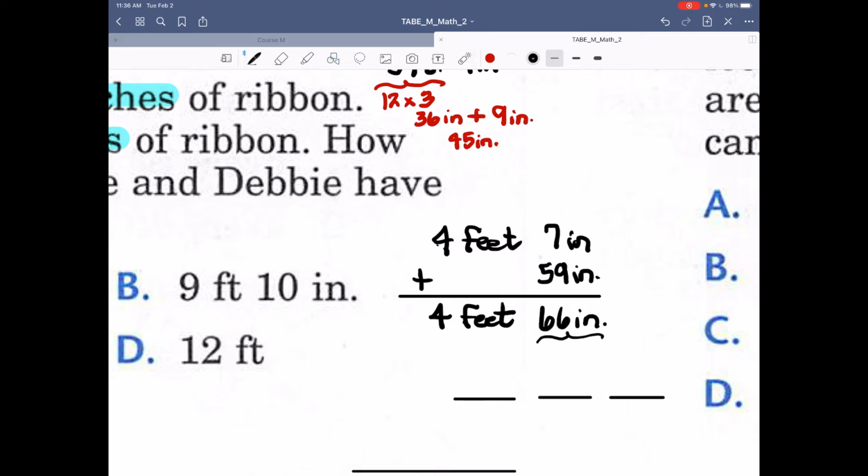But if you want to convert inches to feet, you know that there are 12 inches in 1 foot, and that we have 66 inches to work with. So you will multiply 1 times 66 and divide by 12.